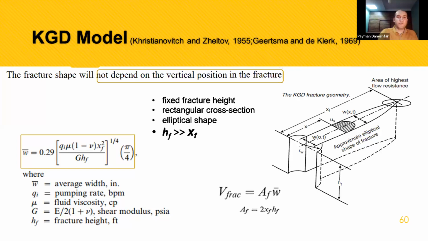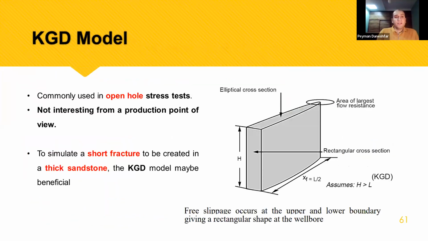If you see this formula for the PKN model, it will be different. The KGD model we can use for open hole stresses, not for the production point of view, and we can use it for short fractures in sandstone.